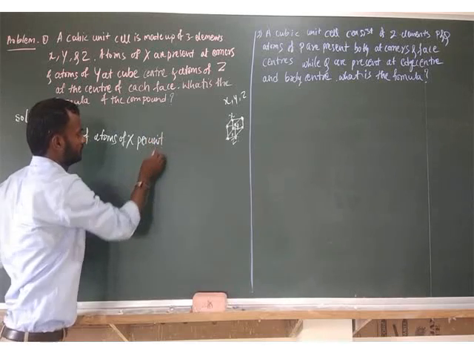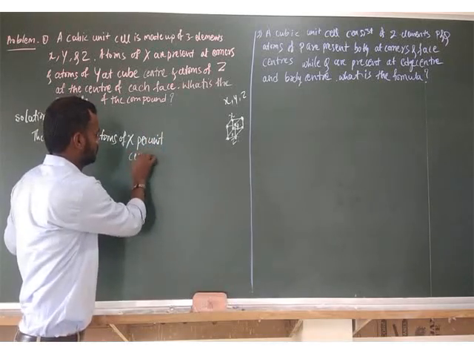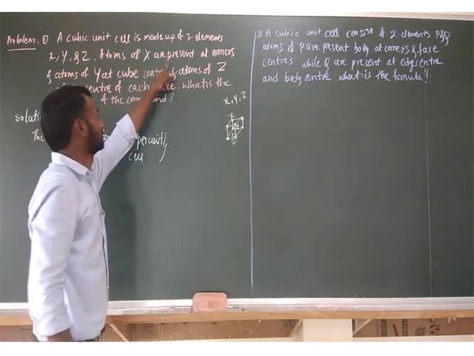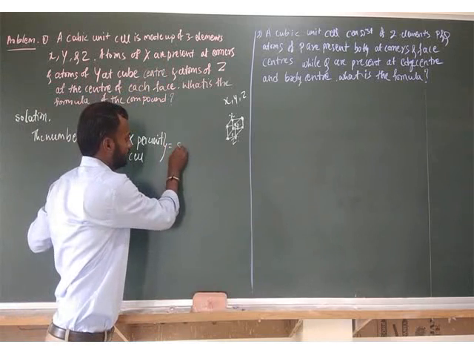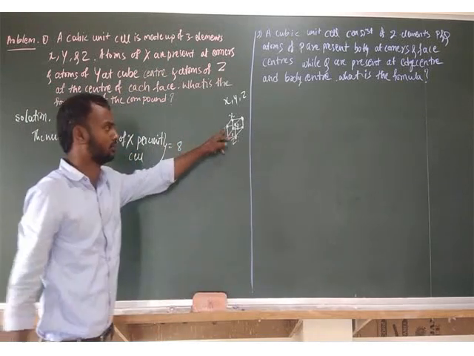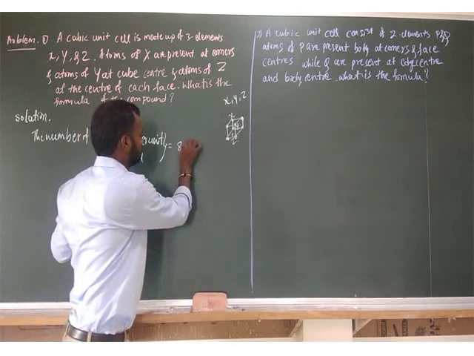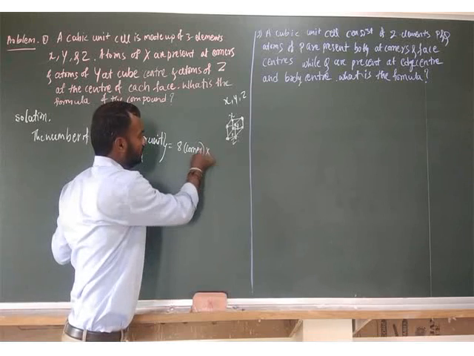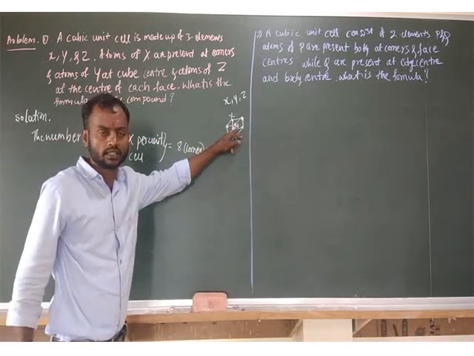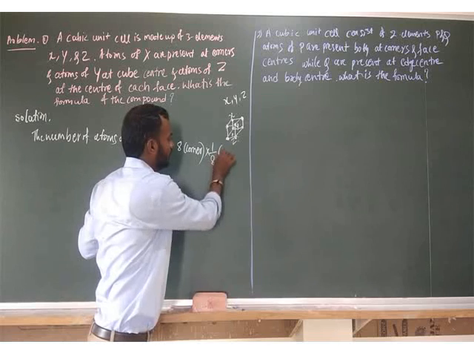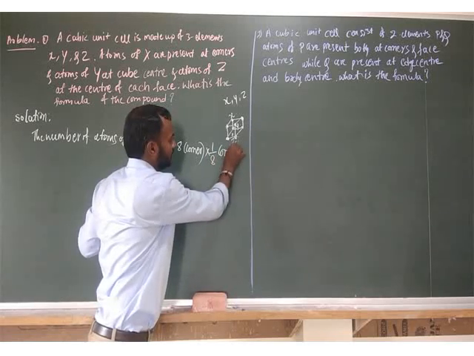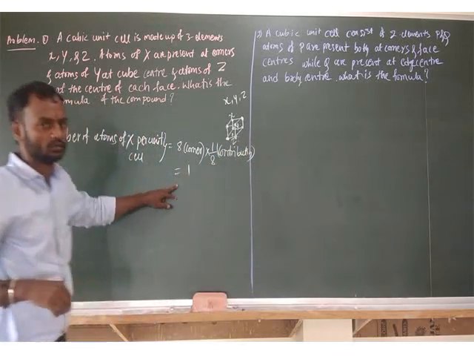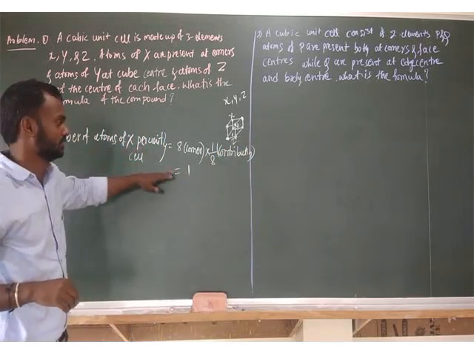X present at the corners means 8 corner particles are present. Taking this one as a corner particle, the contribution of a corner particle is 1 by 8. So 8 into 1 by 8 is 1. The number of atoms of X per unit cell is 1.